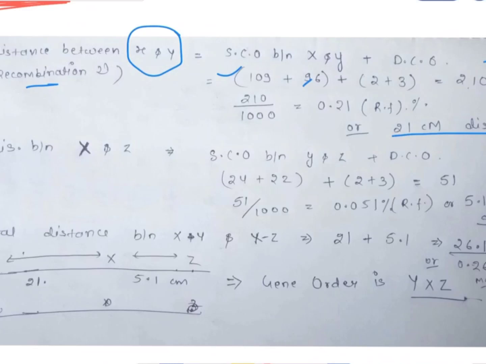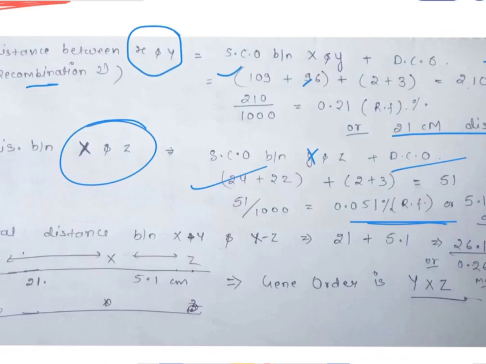Same with the distance between X and Z: the single crossovers between X and Z plus the double crossovers. Here are the values, and we find the recombination frequency by dividing by 1000: 0.051, or 5.1 centimorgan. So the total distance between Y and Z is 21 plus 5.1, which is 26.1 centimorgan.